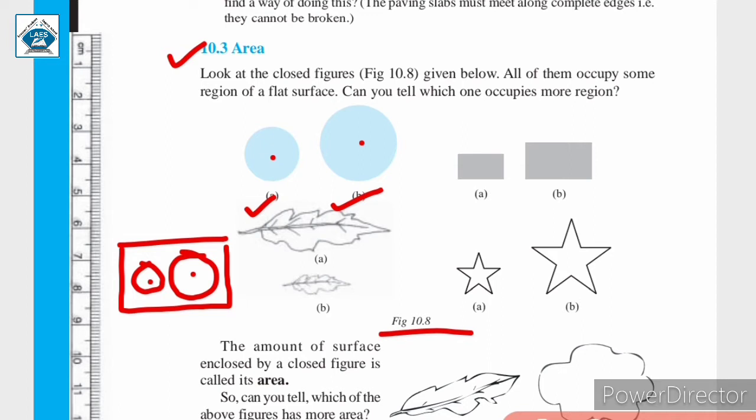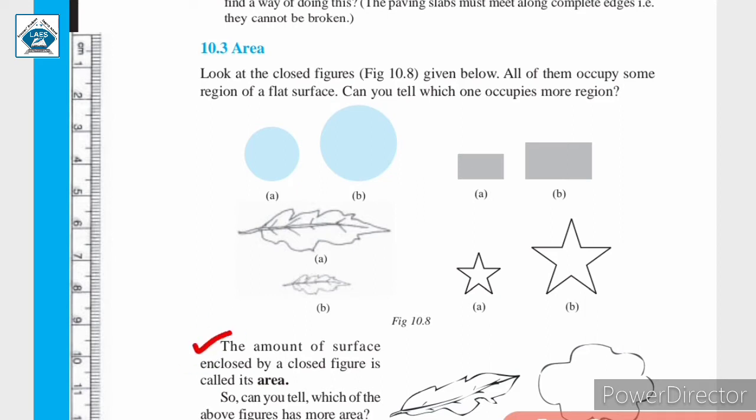So, what is area? It is the amount of surface enclosed by a closed figure. Once again, we have the definition of area over here. The amount of surface enclosed by a closed figure is called its area. So, in the given figures, comparing these two rectangles, the area of this rectangle will be more.